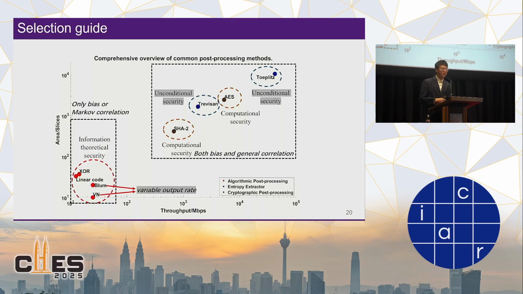But the drawback is the lack of a formal information theoretical security proof of the entropy extraction. In data-intensive servers, where we need to handle multiple correlated entropy sources, the entropy extractor proposed in this study will be a better solution.